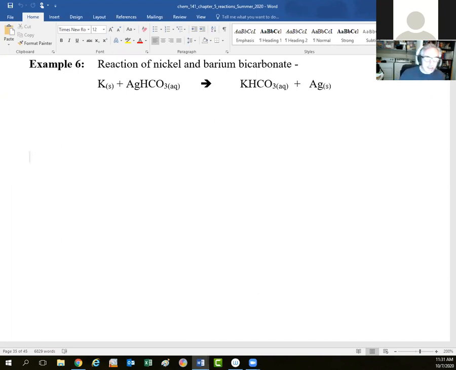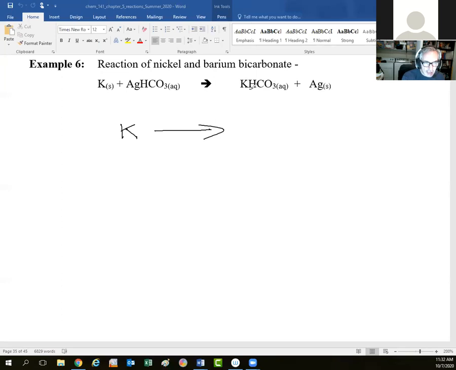Let's handle the relatively, well, I guess they're both slightly tricky because of the polyatomic ion. So let's start with the potassium. So potassium starts simple enough on its own, and then as it chemically changes, it becomes part of this potassium hydrogen carbonate.